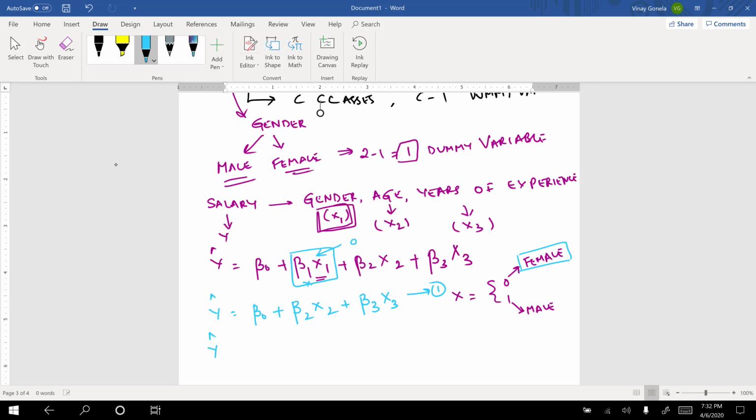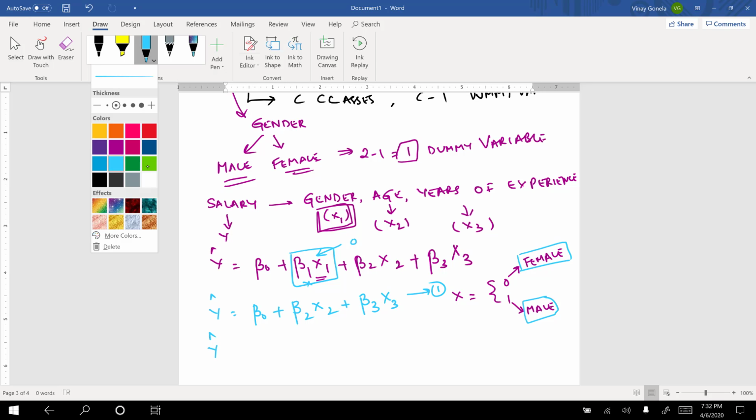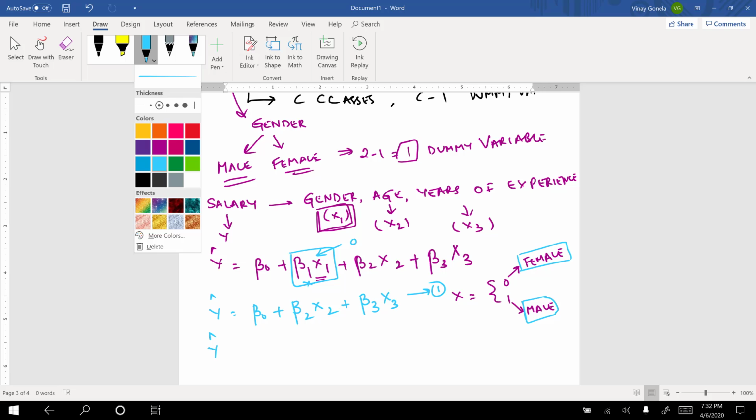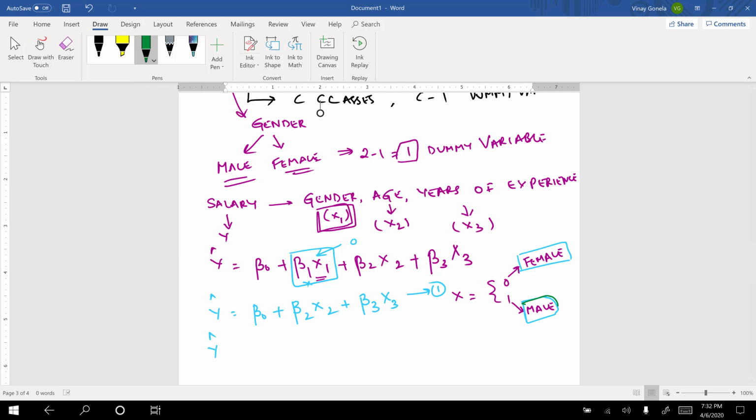Now for male, I have to put 1 instead of 0, so y hat will become beta naught plus beta 1 plus beta 2 x2 plus beta 3 x3. If you see the difference, here I have only beta naught as my intercept, and here I have beta naught plus beta 1.